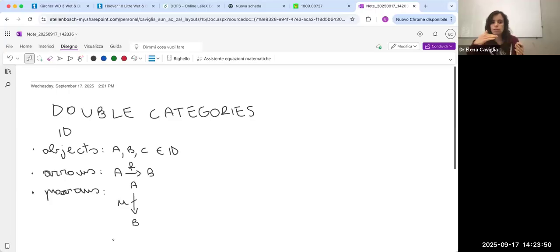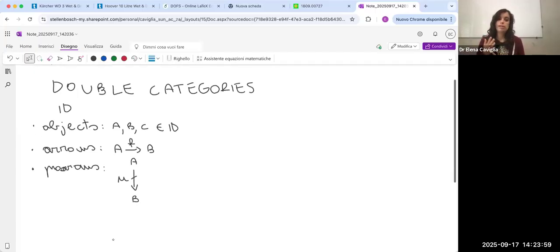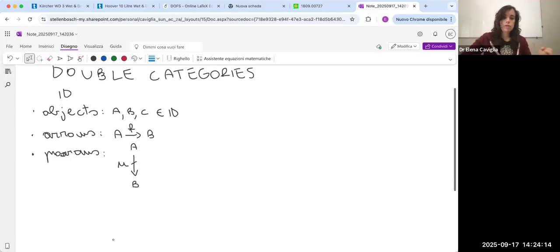So it's a matter of convention. Sometimes they are also called horizontal arrows and vertical arrows, but this seems very confusing to me because we don't all agree on which ones are horizontal and vertical. So I'm just sticking to arrows and pro-arrows. So we have two different kinds of one-dimensional morphisms, arrows and pro-arrows.